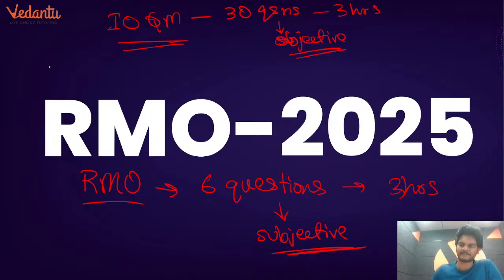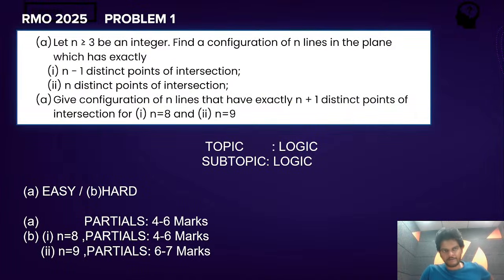Abhay sir, Chetan sir, and Parveen sir together made a huge video solving it. So in this live session, I just want to briefly go through the questions, just to have an idea of what we are going to eventually face.